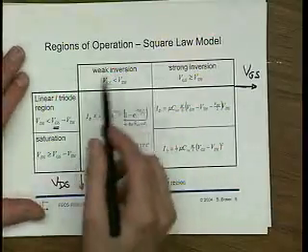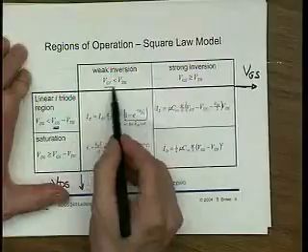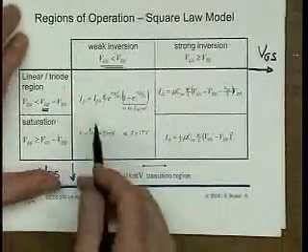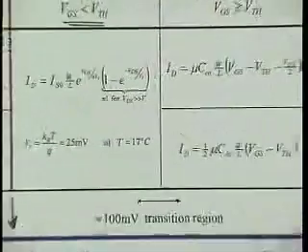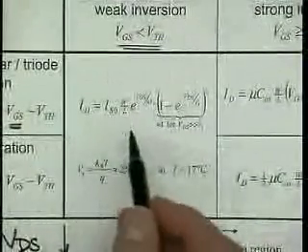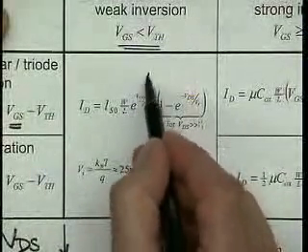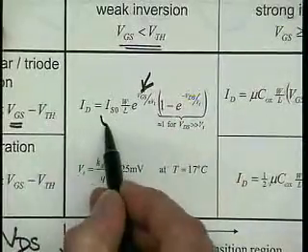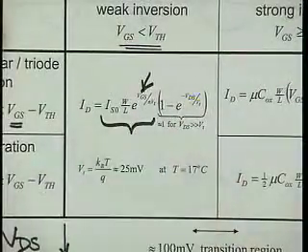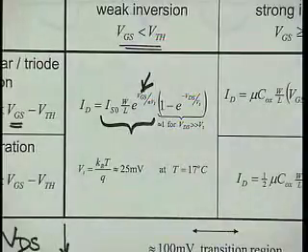So in this weak inversion region, when VGS is less than VTH, the current is proportional to the exponential of VGS. In fact, this equation, forget about the W over L for a moment, should ring a bell. You probably have seen it before, if not for the MOS transistor, then for the bipolar transistor.